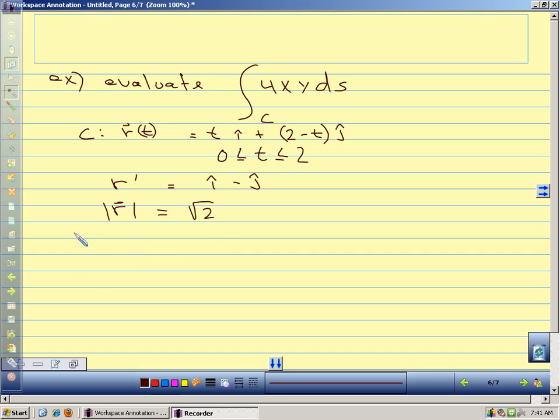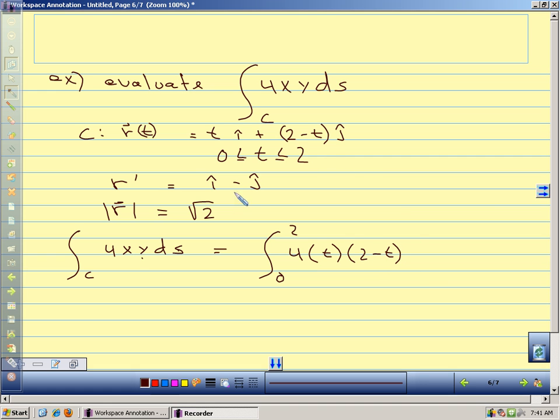So our integral of 4xy ds is the integral from 0 to 2. Our function in terms of our parameterization: we have 4 times x is t, and y is 2 minus t.